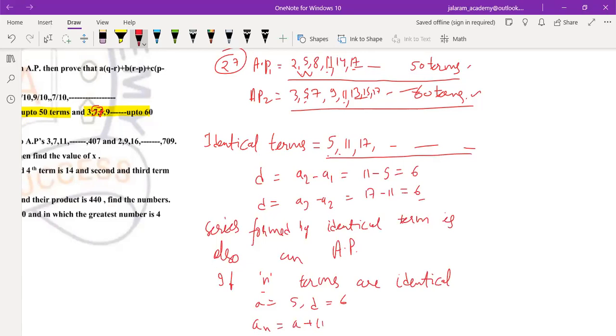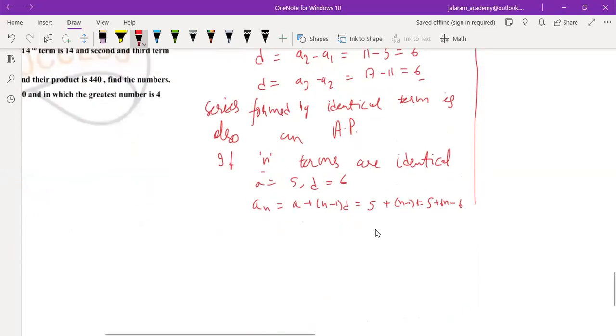An equals A plus n minus 1 into D. The value of A, the first term, is 5, plus n minus 1 into D, which is 6. So it is 5 plus 6n minus 6, equals 6n minus 1. So this is the nth term.